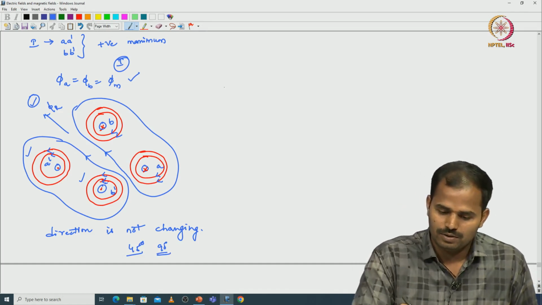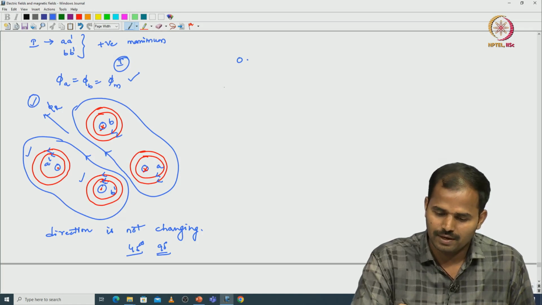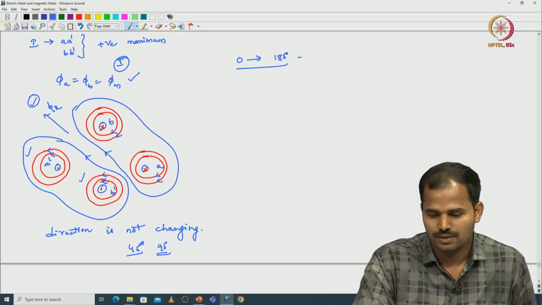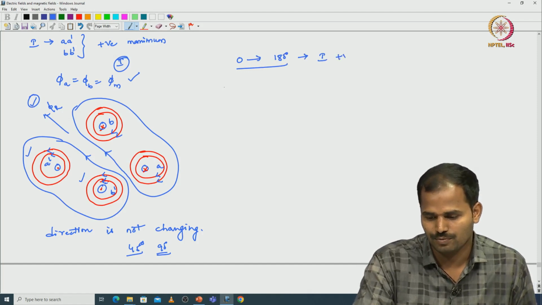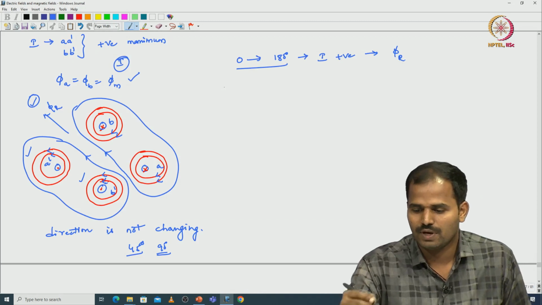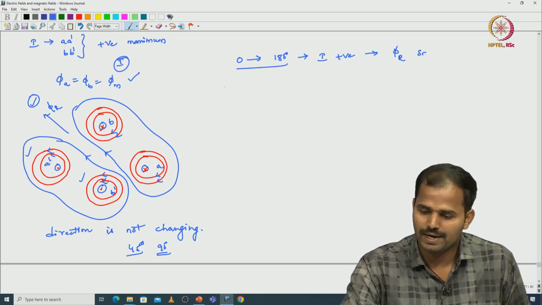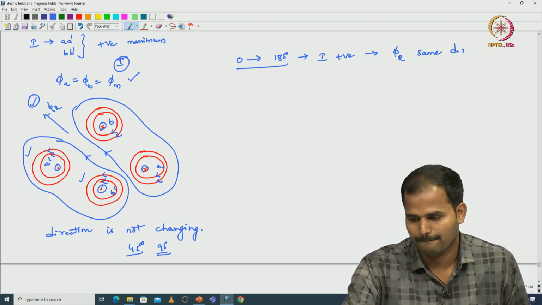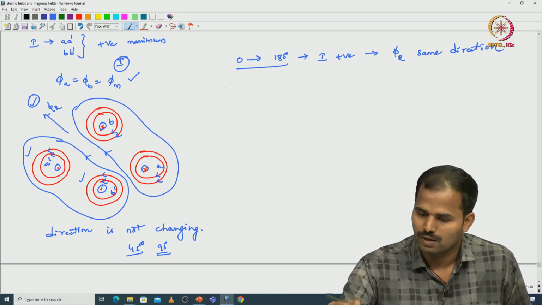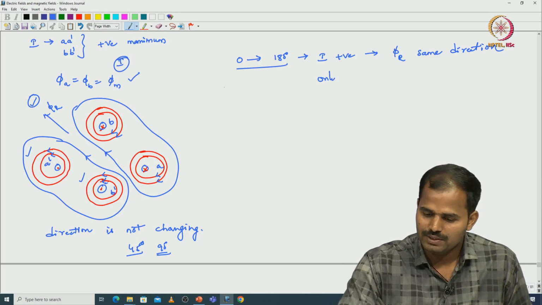So, from these two instants we can conclude that from 0 to 180 degrees current is positive, that means the resultant flux vector is in the same direction. Only magnitude will change.